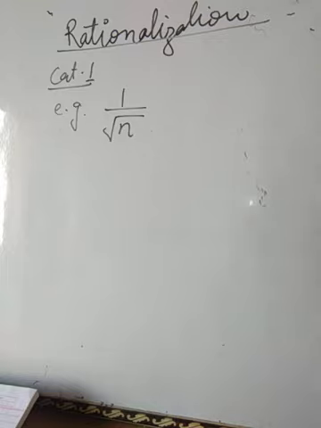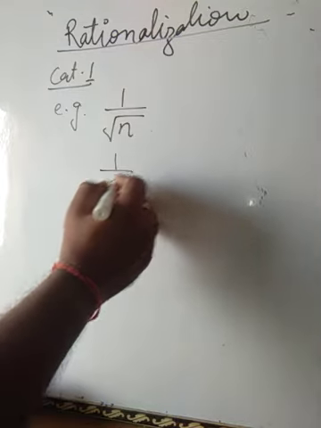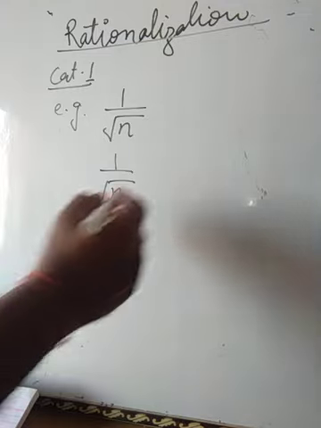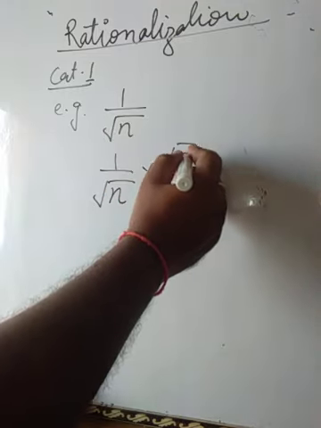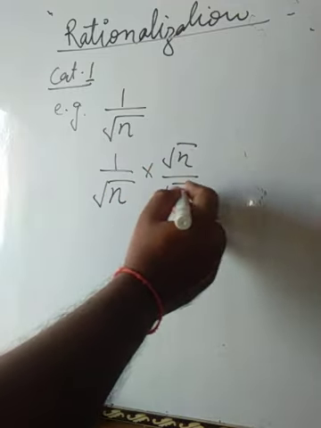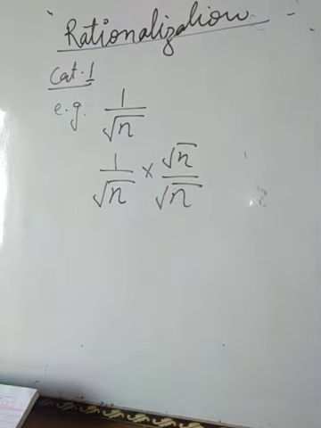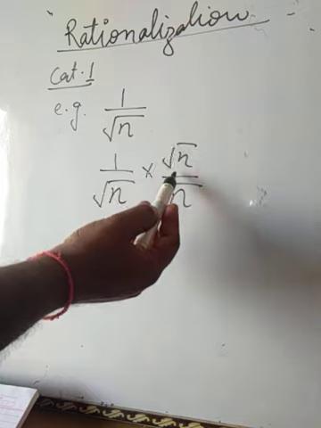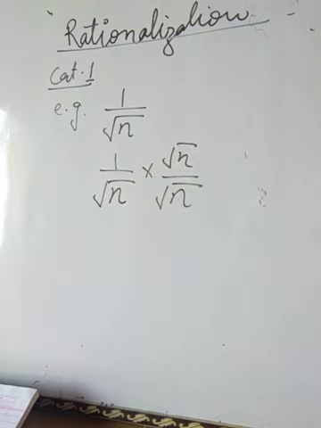So we will multiply the given 1 upon root n by root n upon root n.